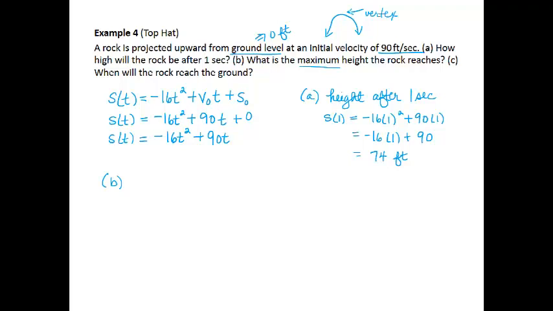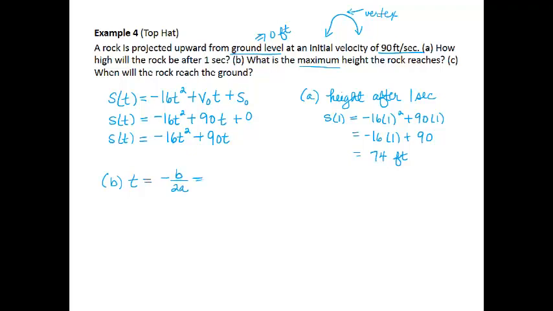Remember that when we have a quadratic function, the vertex can be found using a formula, and the x value of the vertex is negative b over 2a. Because our x variable or input is t, we will have that t is equal to negative b divided by 2a.